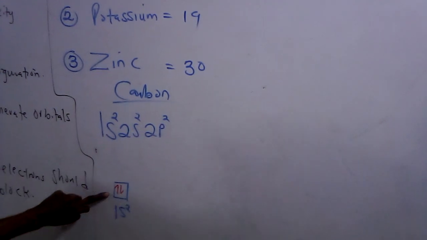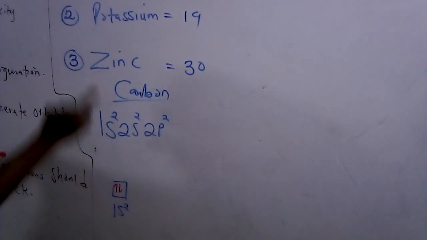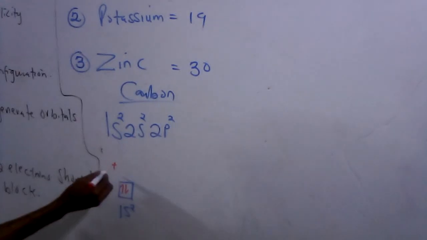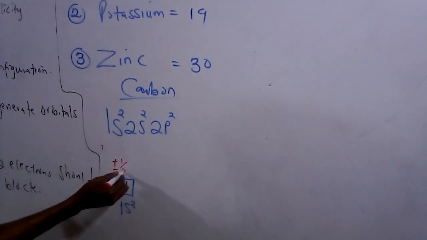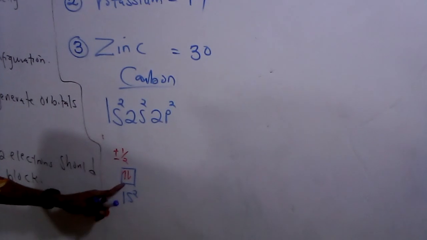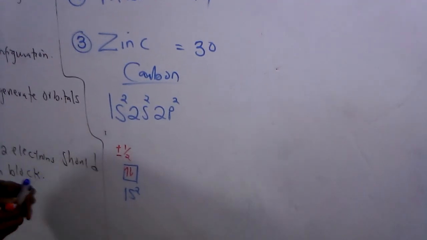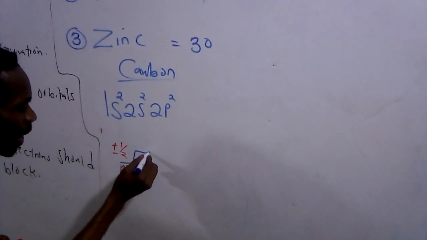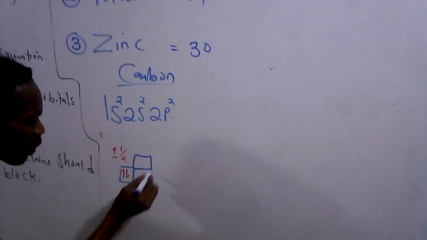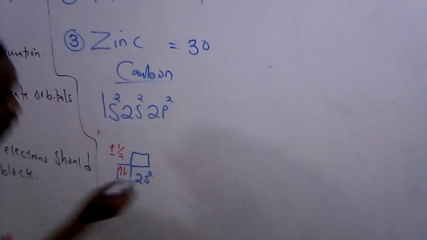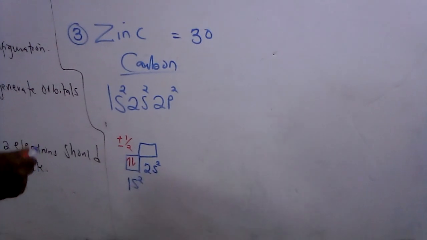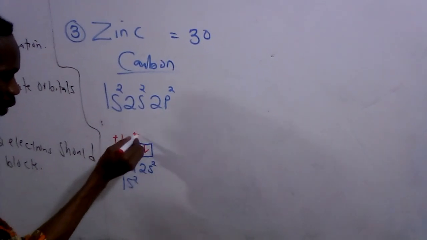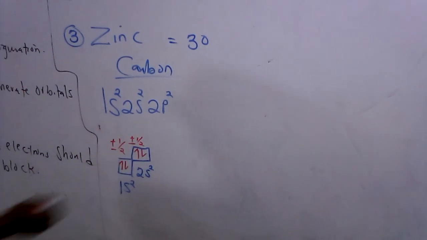Whenever you see 1 electron spin up, it means plus; 1 spin down, it means minus. 1 over 2, this is the spin quantum number. The next energy level is 2s, with 2 electrons, 2s2, completely filled, plus or minus 1 over 2.